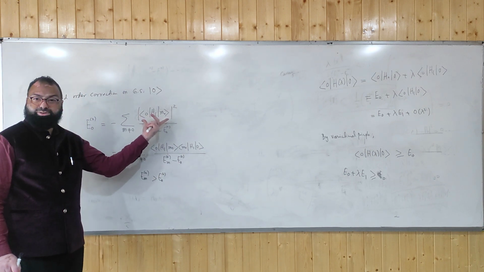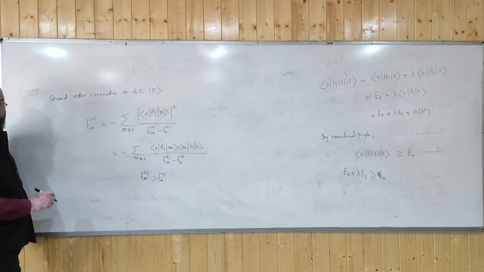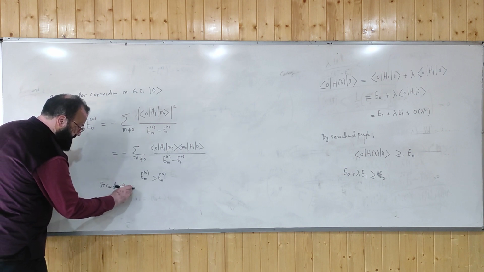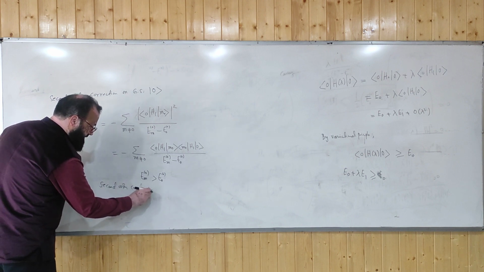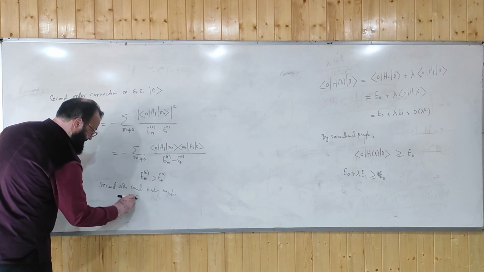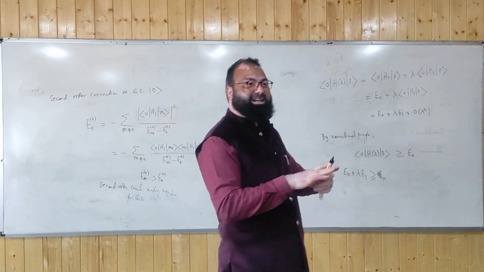And since this is a mod square, this is also a positive quantity. It means the second order correction is always negative. Clear? The correction is always negative for the ground state. It should be remembered: for the ground state, it's always negative.